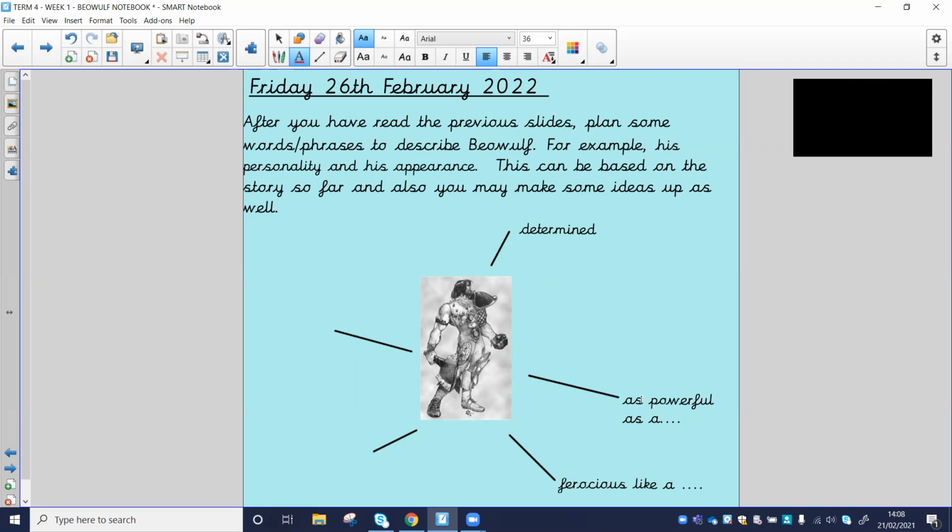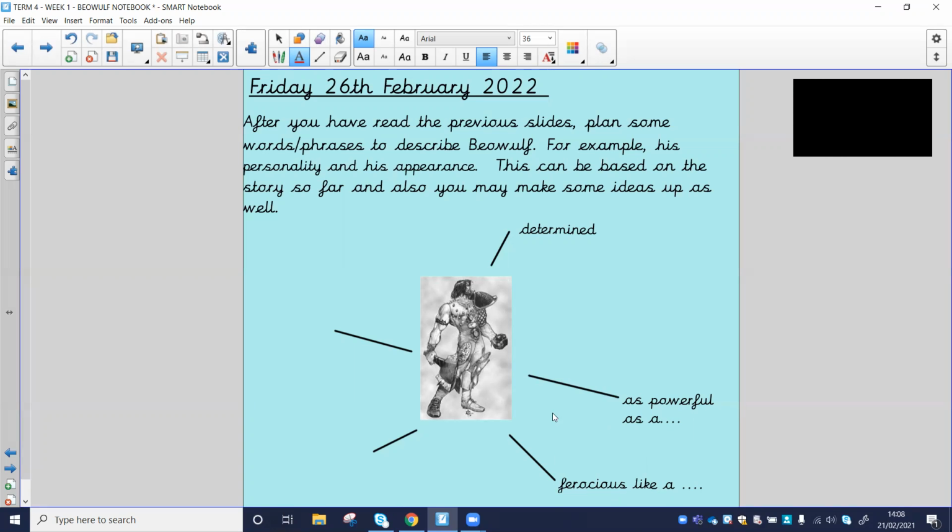So you might use some similes, comparing him to something else or saying he's like something. So as powerful as a what? Maybe you could make it a further alliteration, as we know that so far this story's got a lot of really good alliterations in it. I don't know, something like as powerful as a panther, for example. Ferocious like a something.